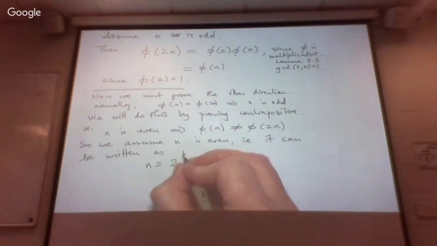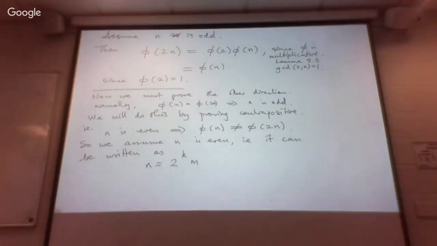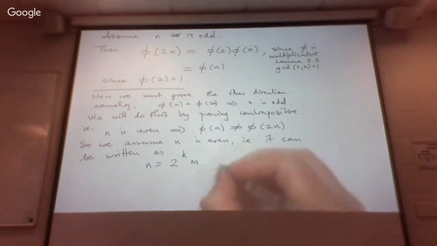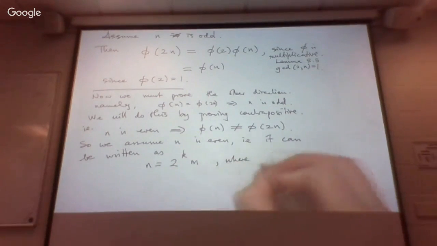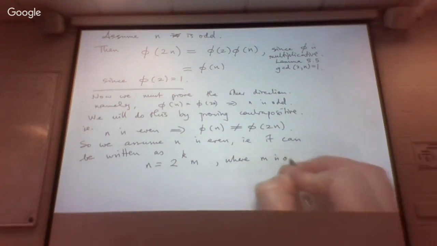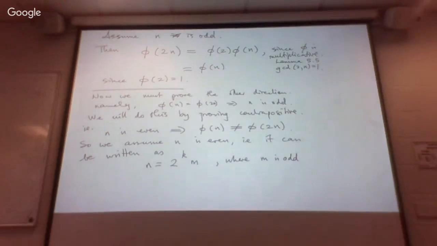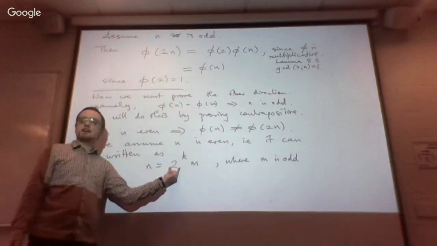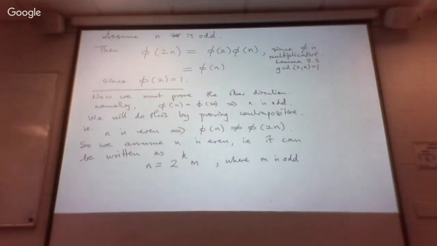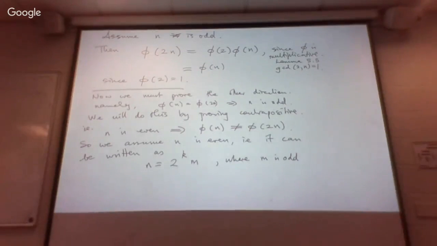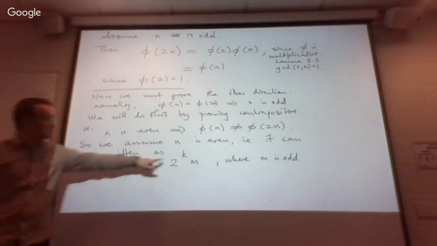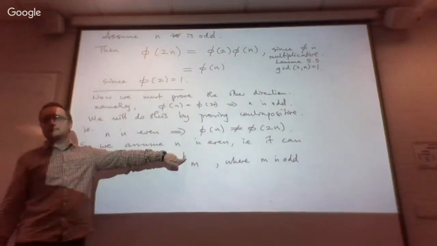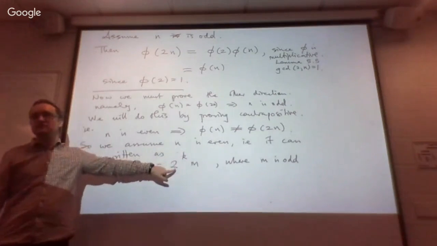So n, we know, can be written as 2 to the k times m, where m is odd. So any 2's that there are dividing n, we bring them all out here. Okay. And since we're assuming that n is even, we know that this exponent is at least 1. Because n is even, it does have a factor of 2.